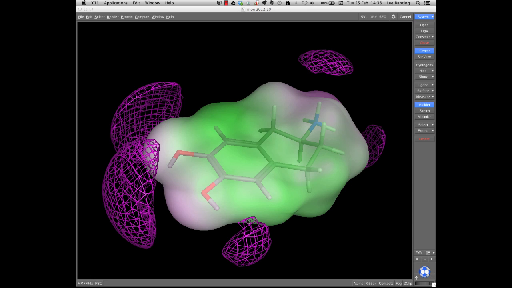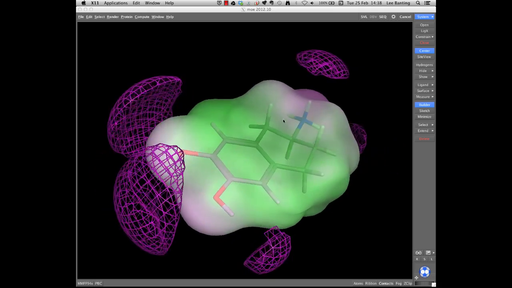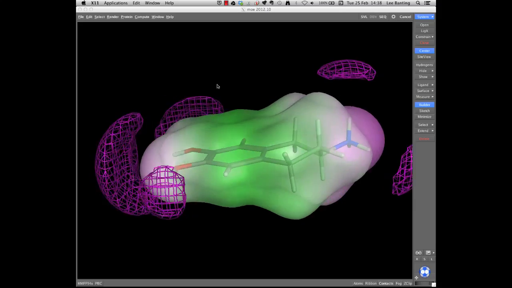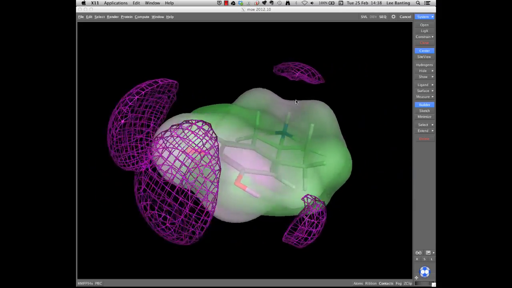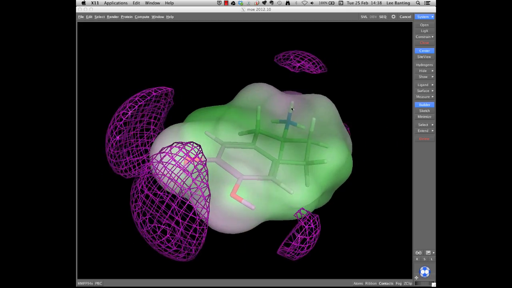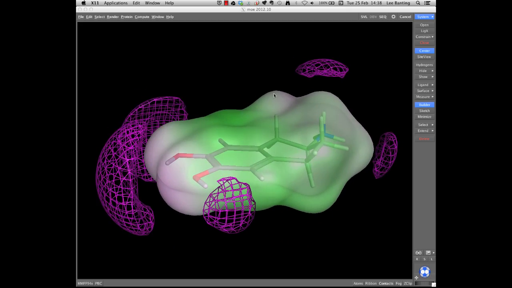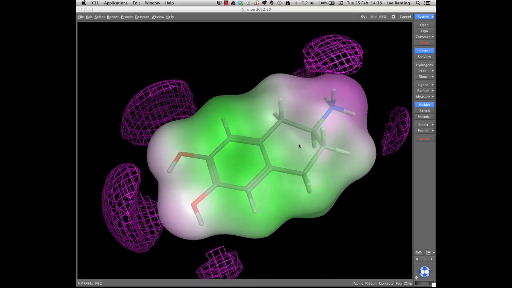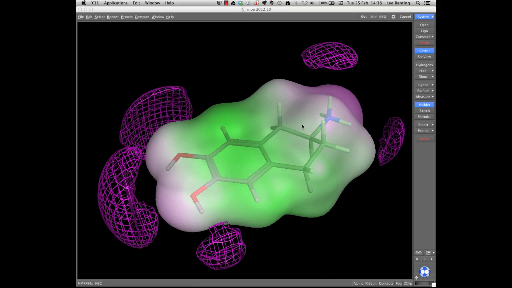So people use these grid maps to locate a molecule within a binding site, or at least to explore the ideas. So this can be used numerically in a mapping procedure to dock molecules into an active site, but it also can be a mind exercise. In other words, where would my molecule want to sit within a receptor because of potential functional groups that will see the drug a particular way.